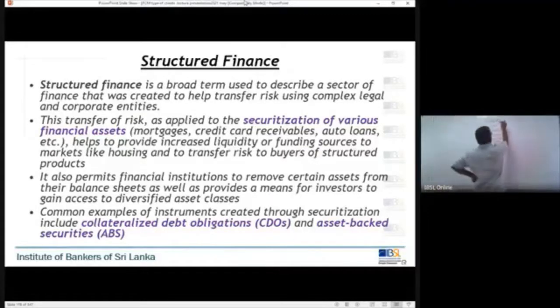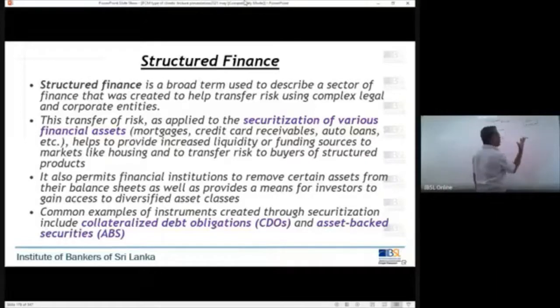Usually the originator is a bank or a lender, people who give money, loans, right? Now suppose your bank has given different types of loans, maybe housing loans, commercial loans, pawning loans, different types of loans which we are going to discuss.